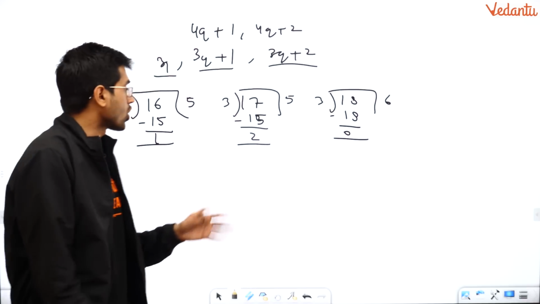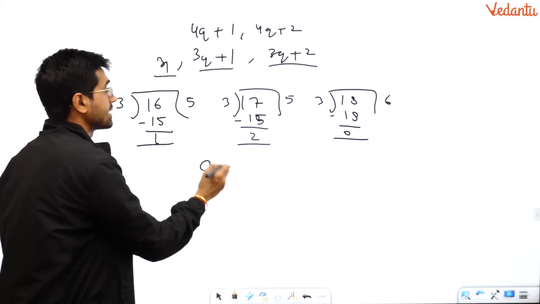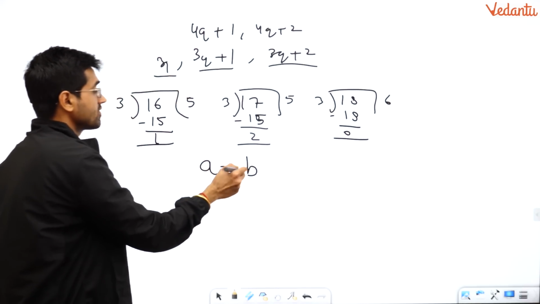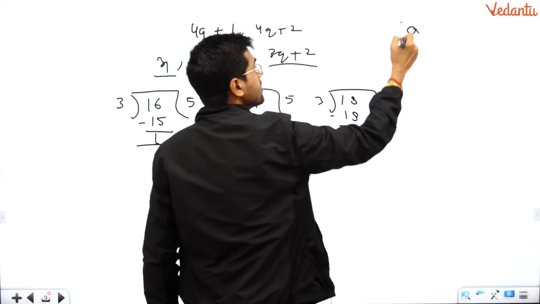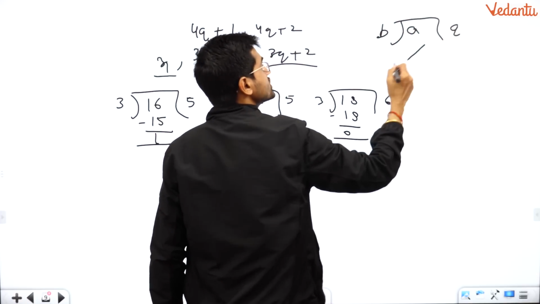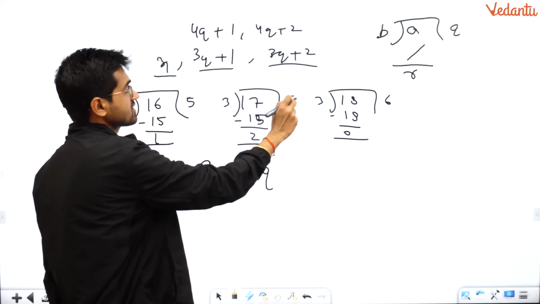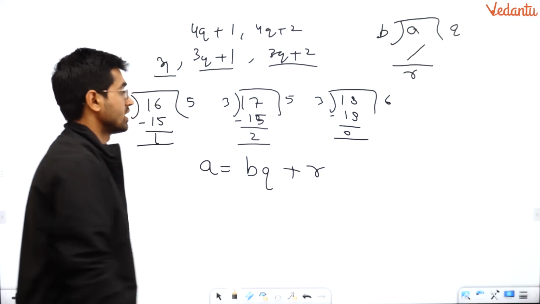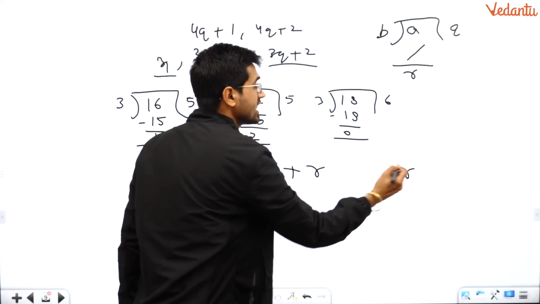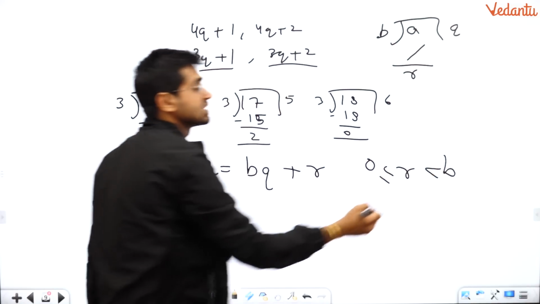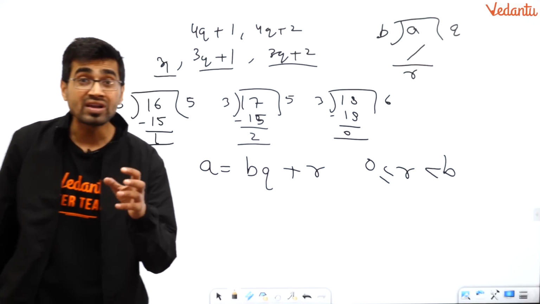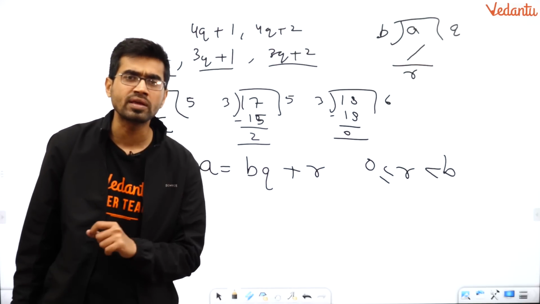So if you divide a number A by a divisor B, you get a quotient Q and a remainder R. The situation is this: 3 fives are 15 plus 2. This remainder is always more than or equal to 0, but is less than your divisor value. Do you understand this thing?